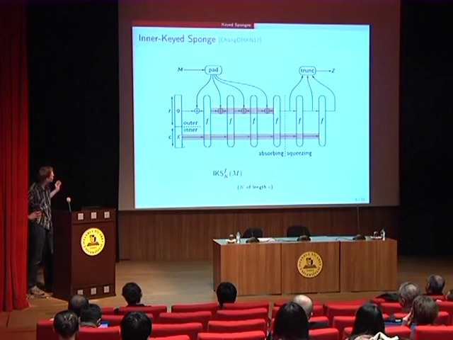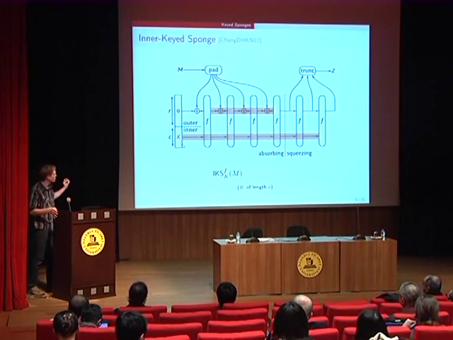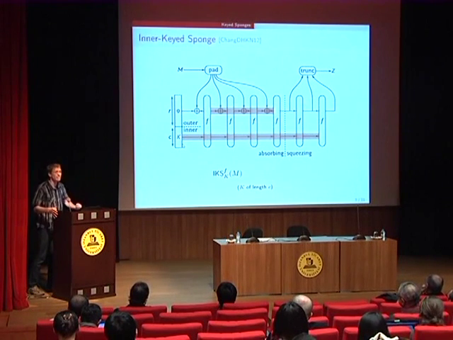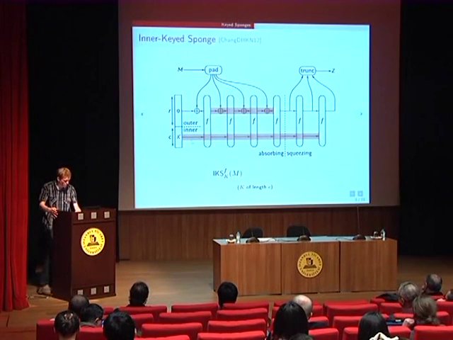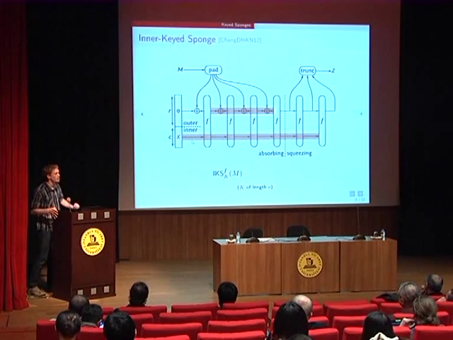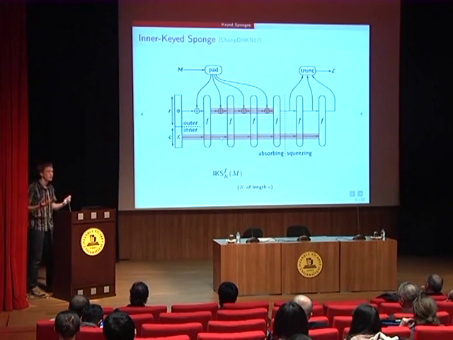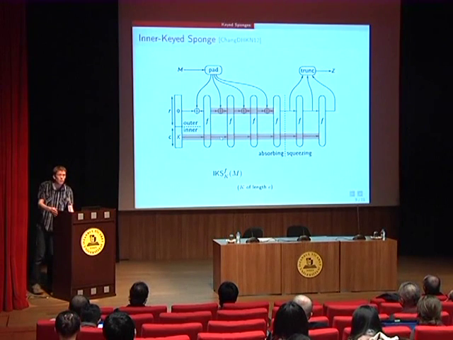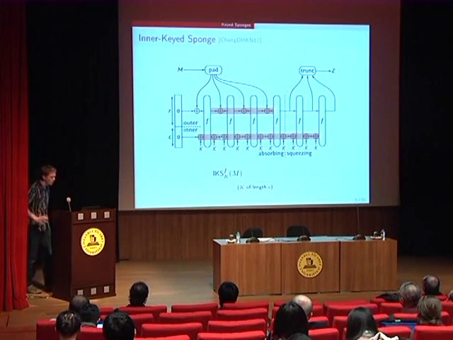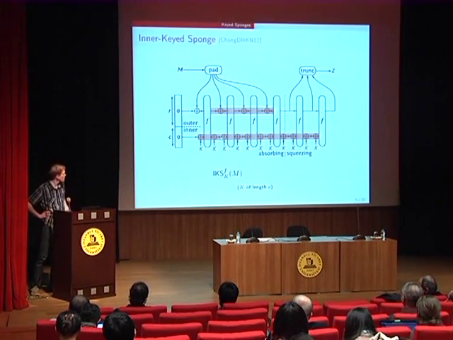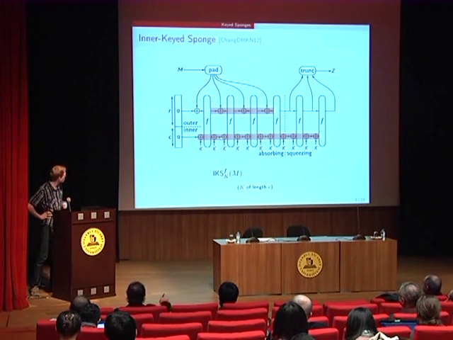Note that we can equivalently describe the scheme as follows. So instead of initializing the state with the key, right here we XOR the key into the state, and then everywhere in between two primitive calls we XOR the key twice. So we can equivalently describe the inner keyed sponge as follows. So this is the exact same design.